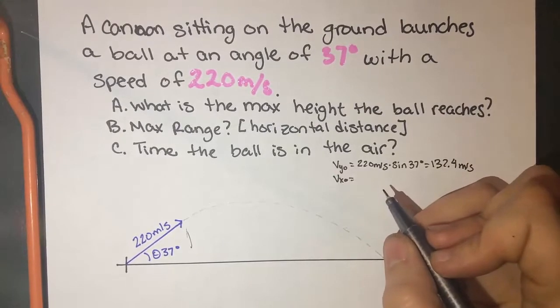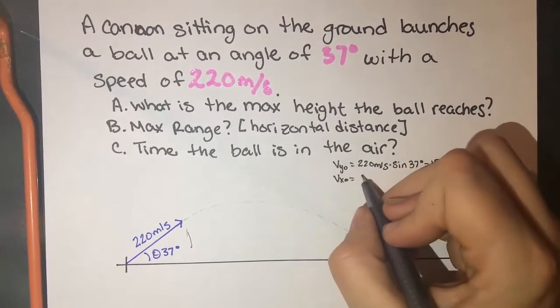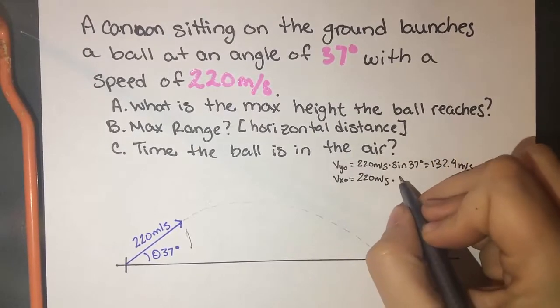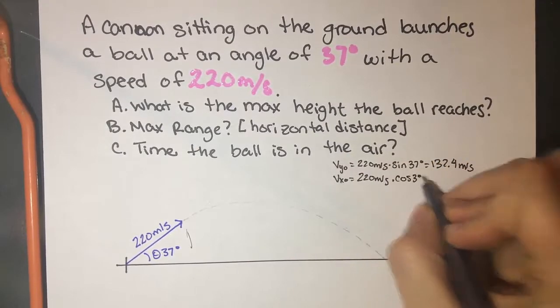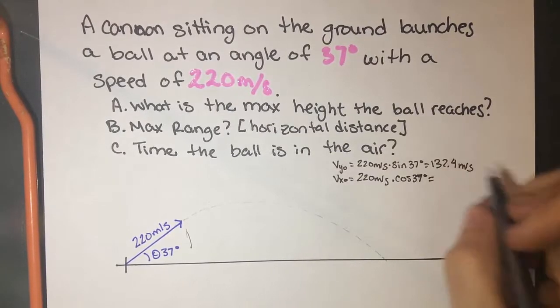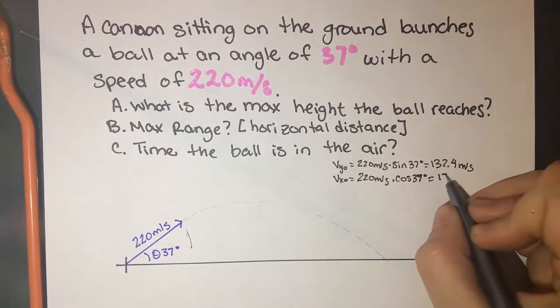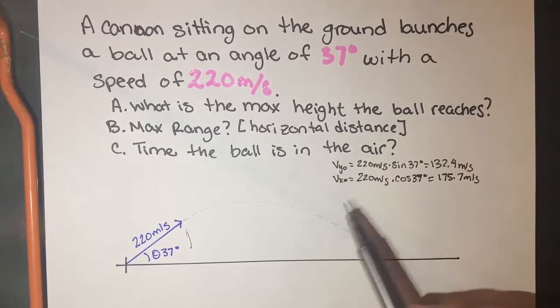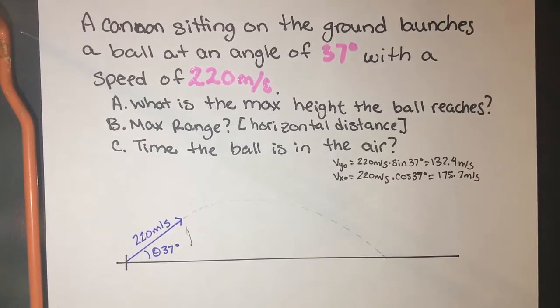And then for my vx naught, I again get the 220 meters per second, but this time it's times the cosine of 37 degrees. When I put that in my calculator, I get 175.7 meters per second. If you did not get these numbers while you're working along, please make sure that your calculator is in degree mode, not radian mode, because that will mess you up.